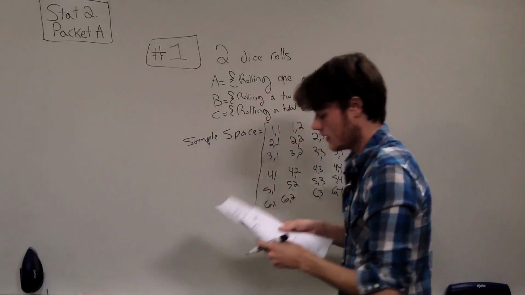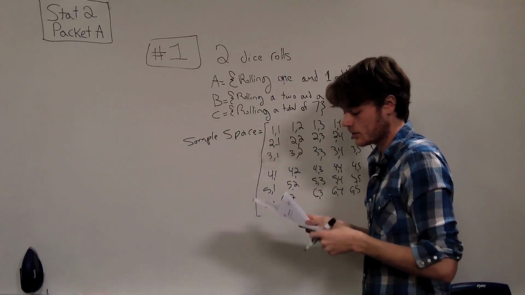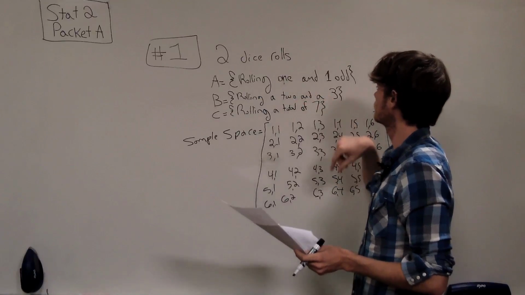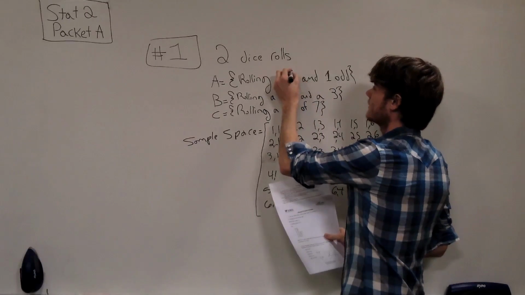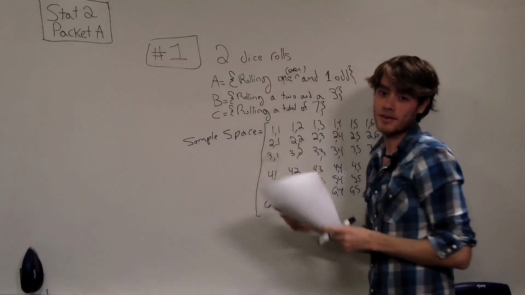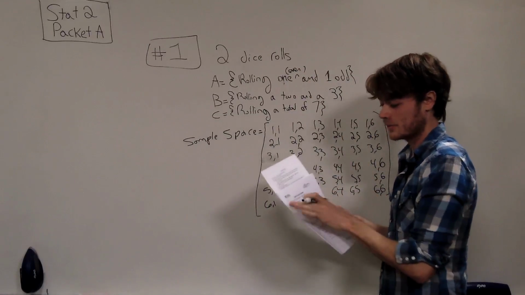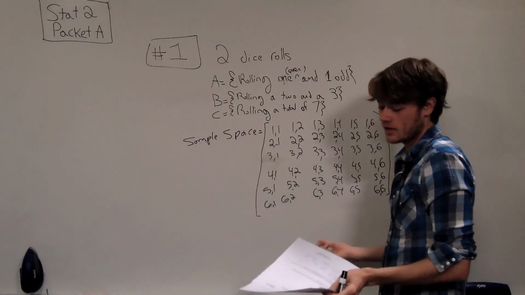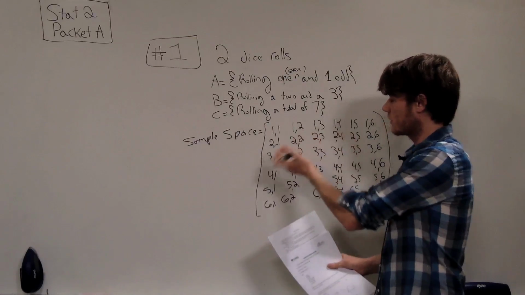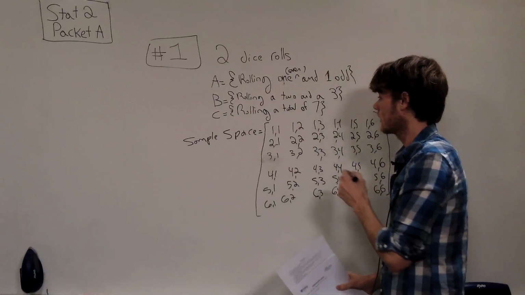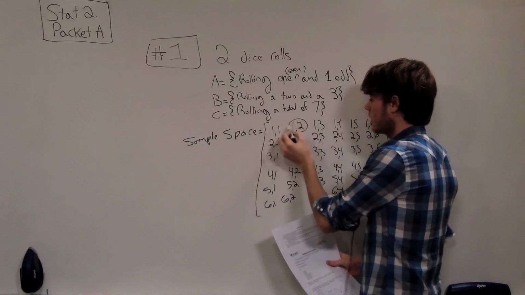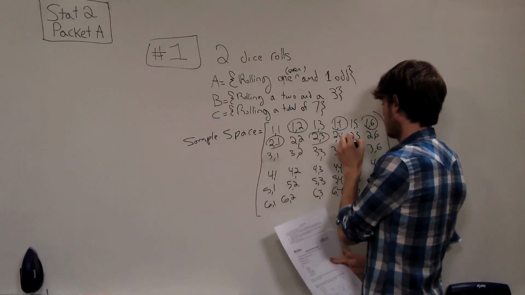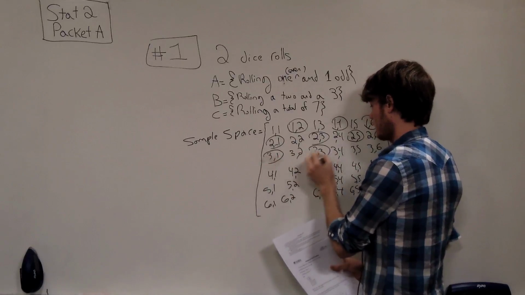Now, part A asks for the probability of A, rolling one even and one odd. We can look at the sample space and check which pairs have one even and one odd.